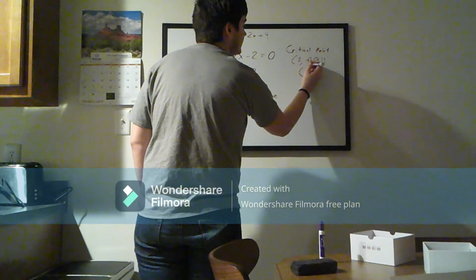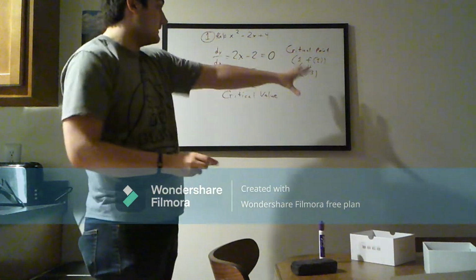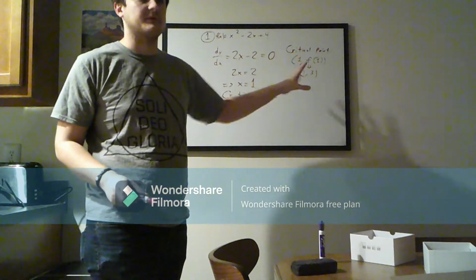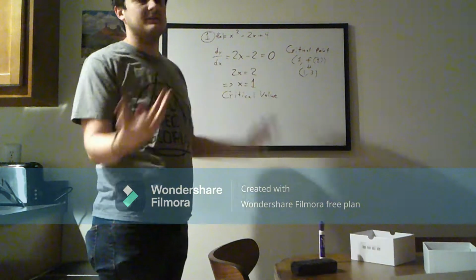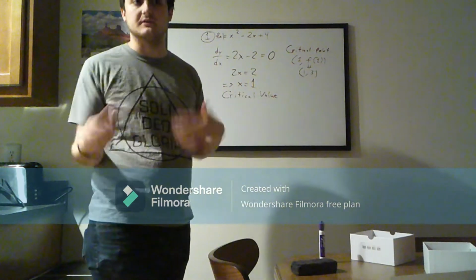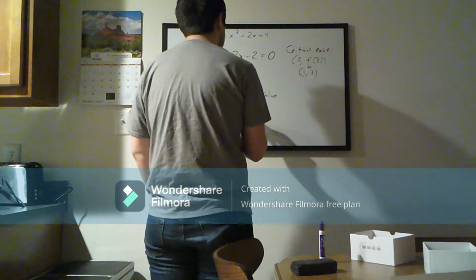So the point ends up being 1, 3. Okay? So at 1, 3, we have a critical point. Okay, that's where something special is happening. We don't know what exactly it is yet, but that's why we're going to put in the work here to see what's going on.